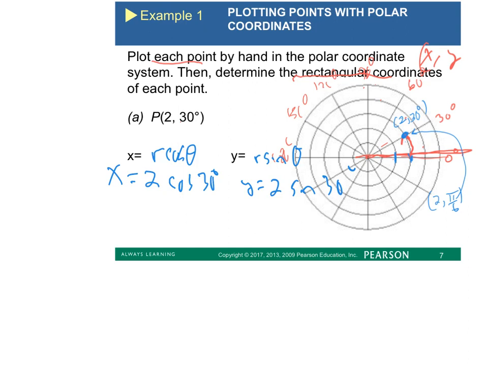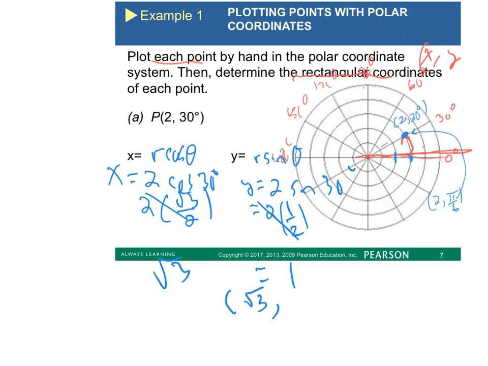Cosine of 30, do you remember, is square root of 3 over 2. So 2 times square root of 3 over 2 is square root of 3. 2 sine of 30, sine of 30 was a half. So that's 2 times a half, and that gives me 1. So we would write square root of 3, comma 1.